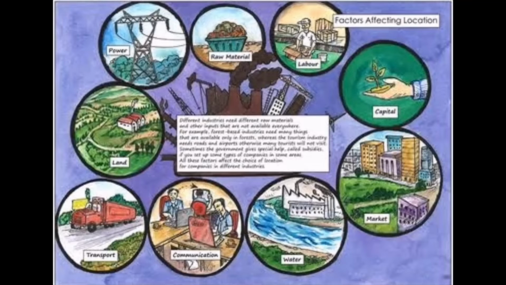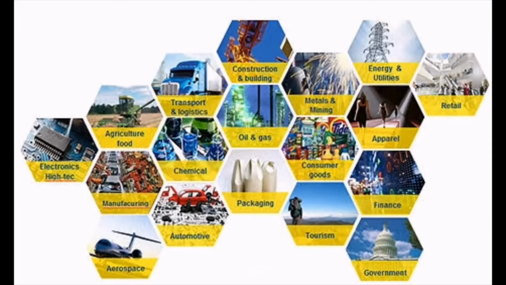Now see, depending on the factors, only specific industries develop. After all of these unequal distributions, there are some industries which are not developing. Only a few of them are given importance and hence they develop. Some regions are suitable for the development of industries, while in other regions only particular industries develop.